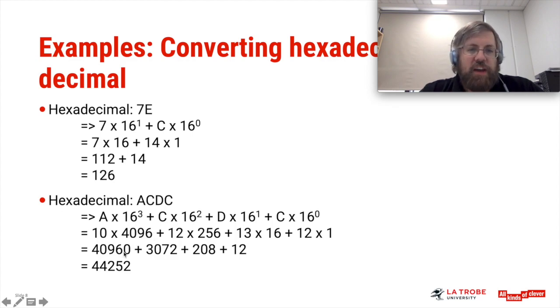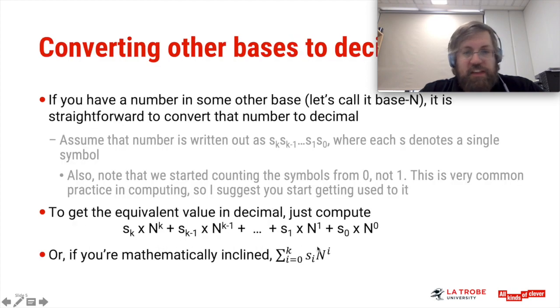That's 40,960, plus 3,072, plus 208, plus 12, is 44,252. Again, exactly the same formula. N is 16. The symbols are 0 through F, which corresponds to the numbers 0 to 15.